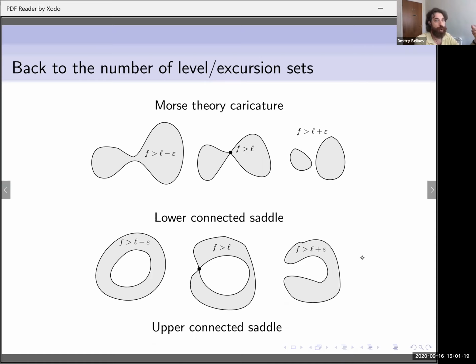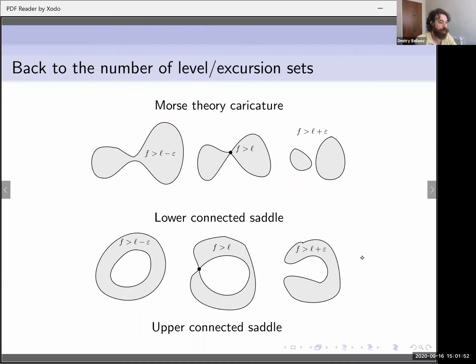So you used to have one excursion set with one boundary component, and then it becomes two domains with two boundary components. Alternatively, you have a picture like this, where you disconnect things here, but these two parts are still connected somewhere else. And this is what we call an upper connected saddle.